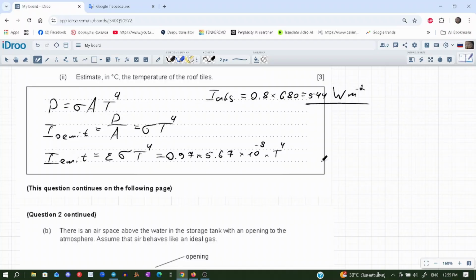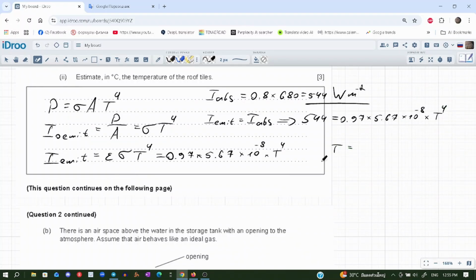So in this case, I emitted equals I absorbed, and then we say that this 544 equals this 0.97 times the Stefan Boltzmann constant, 5.67 times 10 to the minus 8 times this temperature to the power of 4, and we will derive this temperature from here.